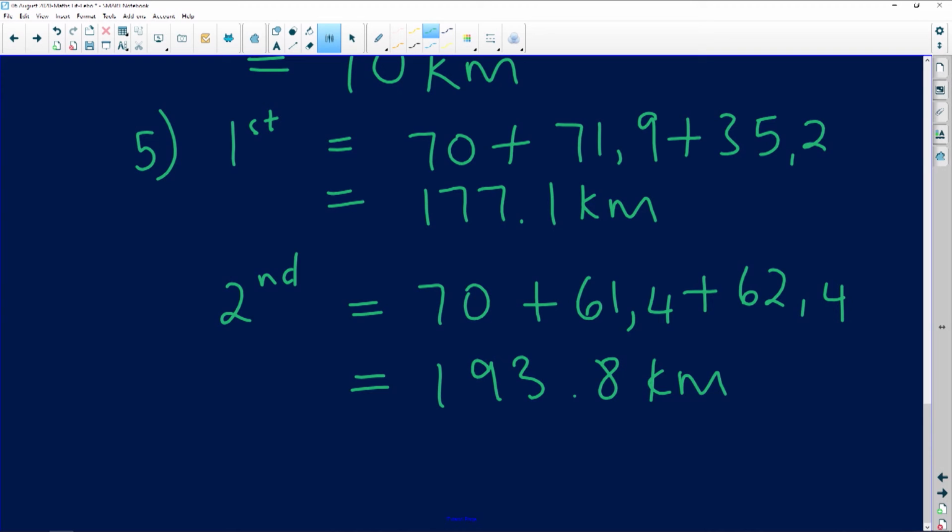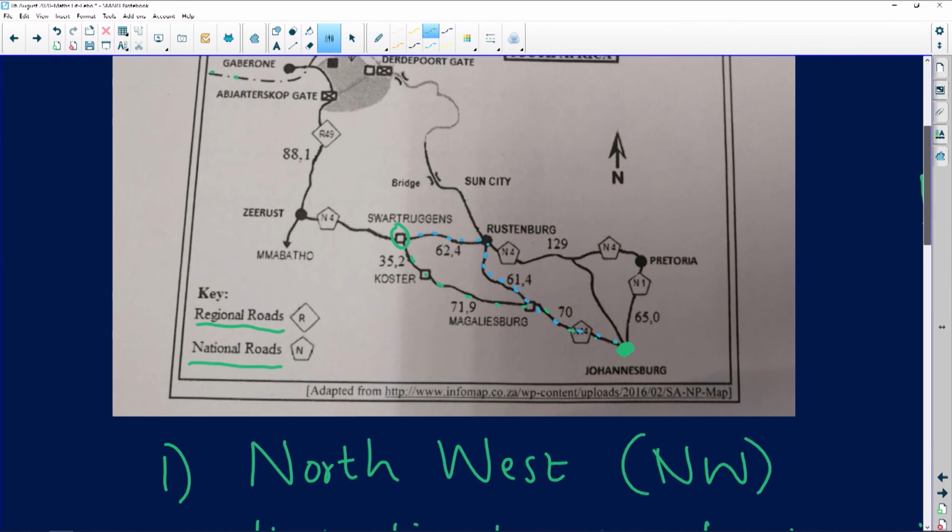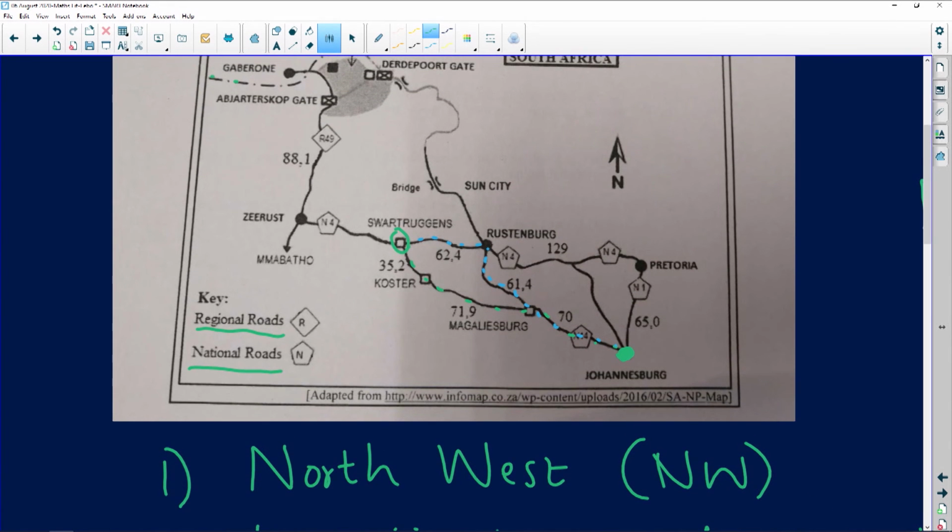So the first one is 177.1. I can go and write that down so that I have an idea of what I'm doing. And I said the first one that I am going to be using is going to be via Magaliesburg.